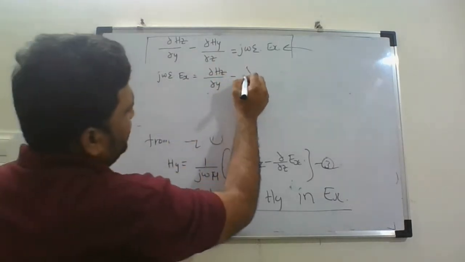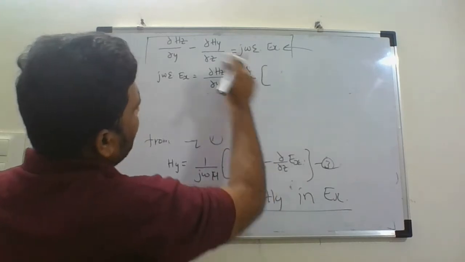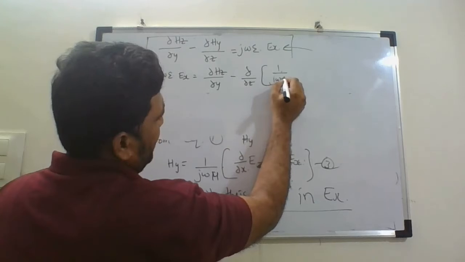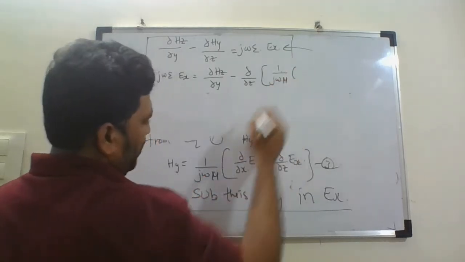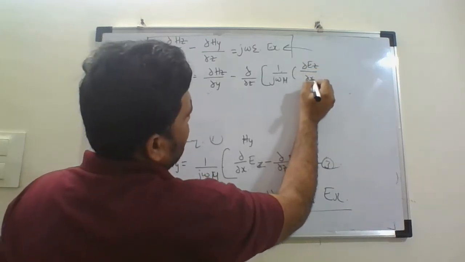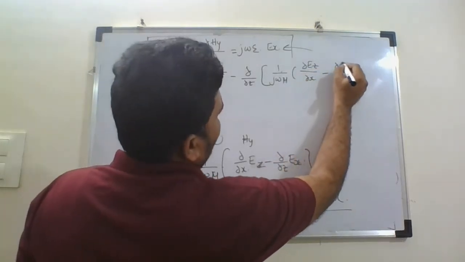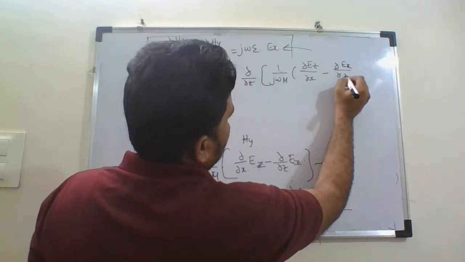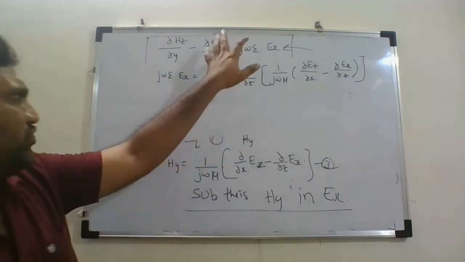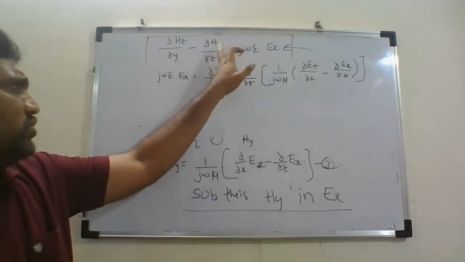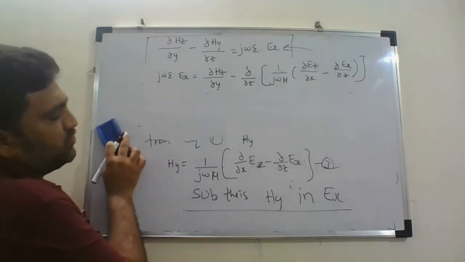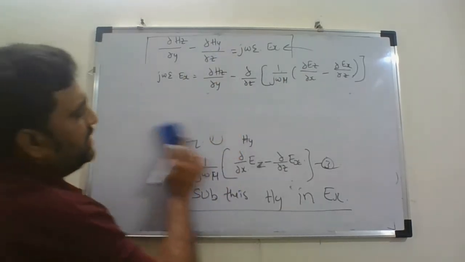Now ∂/∂z of, instead of Hy, let us substitute this term: 1 by jωμ into ∂Ez/∂x minus ∂Ex/∂z. So instead of this Hy, I'm writing like this. Clear with this? So Hy, I got this, and I'm substituting that here.